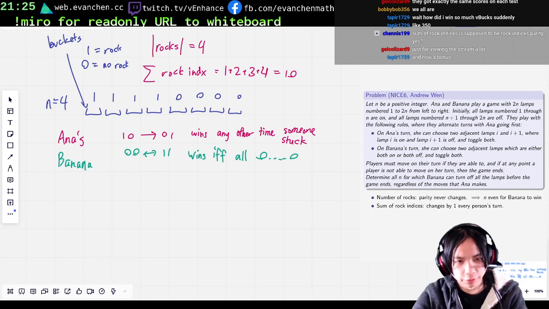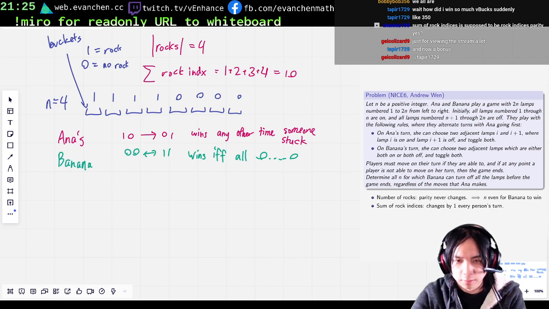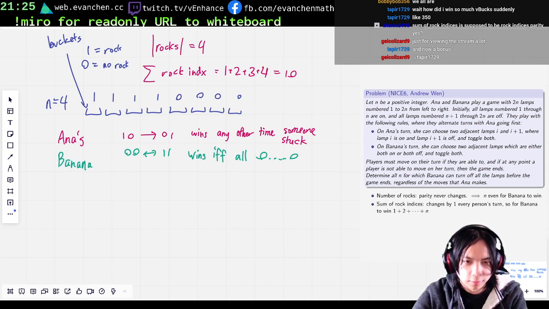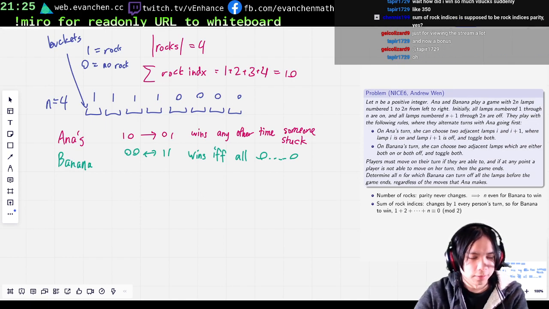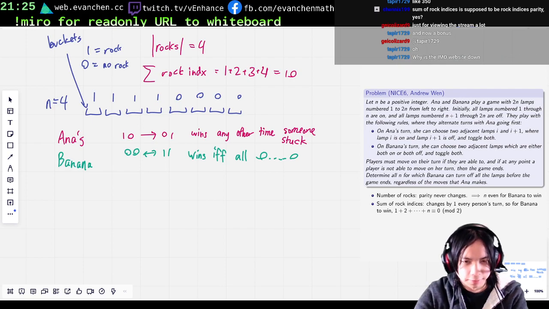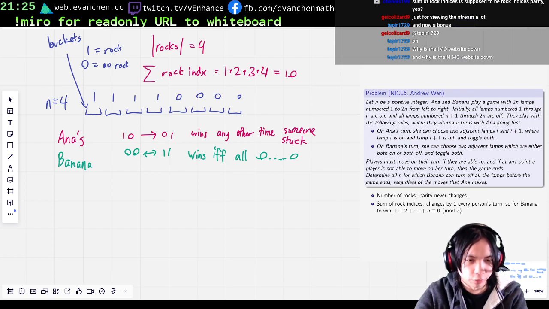So in order for Banana to win, 1 plus 2 plus up to n must be even. That's the other obvious parity invariant. Together, these two things tell you that n has to be 0 mod 4 for this to be possible.